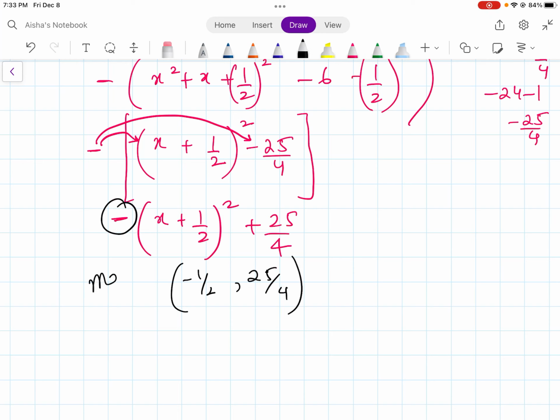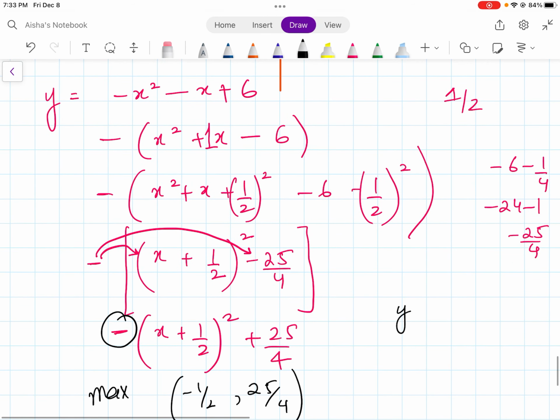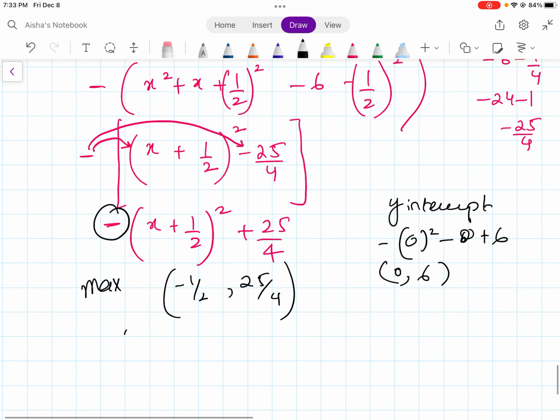Meaning your coordinates of the turning point are minus half comma 25 upon 4. This is a maximum graph. The y-intercept will be 0 minus 0 square minus 0 plus 6, gives you 0 comma 6. X-intercepts कैसे निकल के आएंगे?